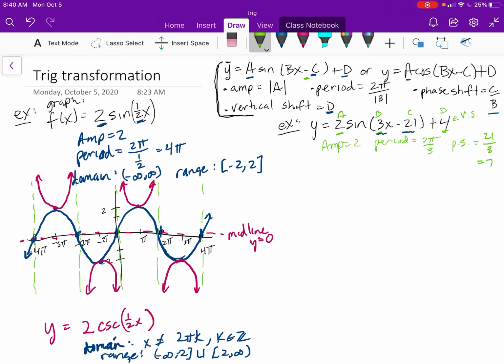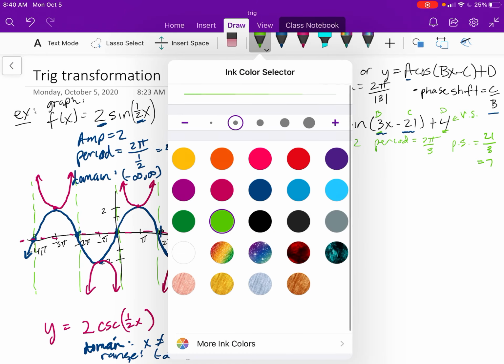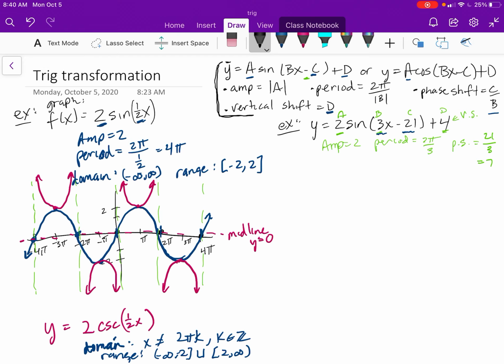Okay. So, like I said, graphing this thing, let's get it black, it's going to be a bit tricky, right? How do you really graph this? So, we have a period of 2 pi over 3, phase shift of 7. So I'm just going to start 0 over here somewhere.